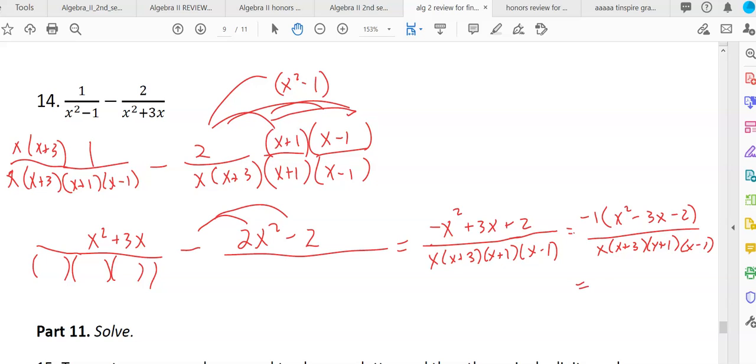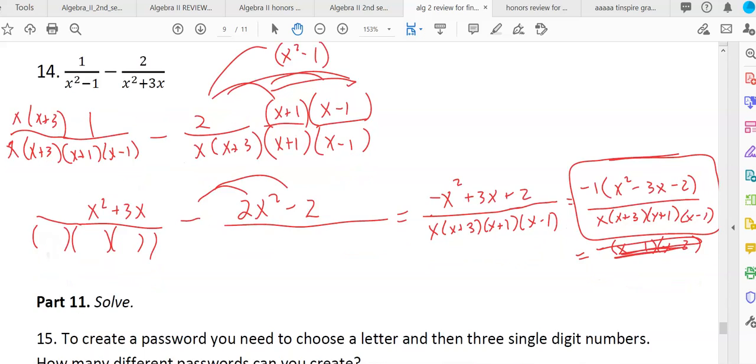So we get negative times, this is going to factor, I think. Let's try anyway. So it'd have to be 2 and 1. And does it factor? I don't think it does. Okay, so we're done. We've got it.